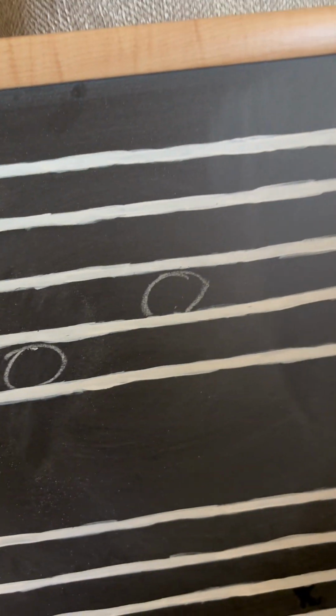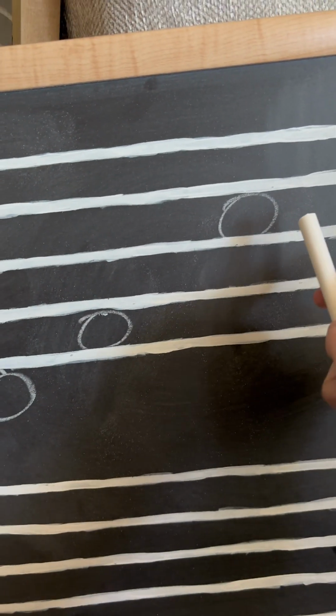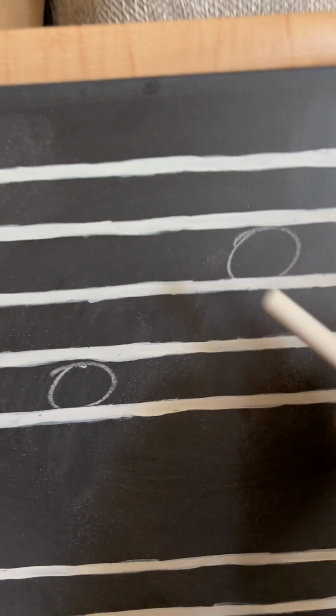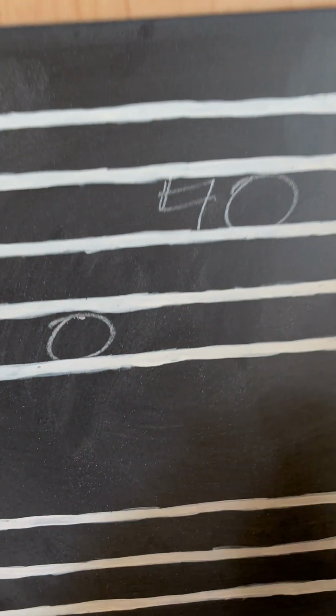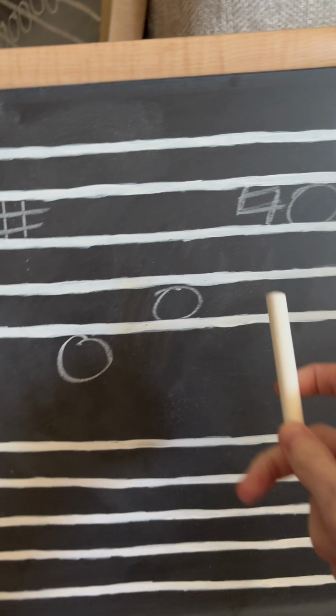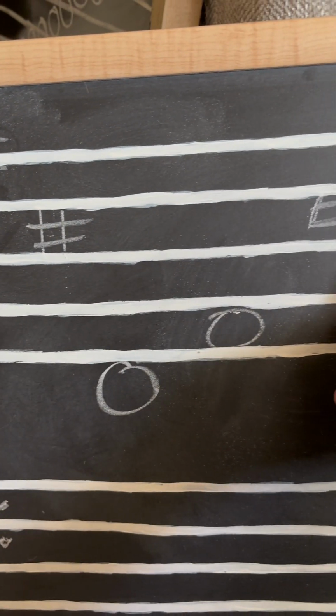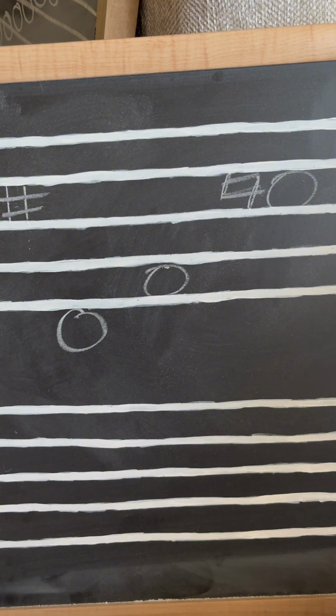But let's say instead of A here, you are going to play C, and for this particular measure, it says natural. You're going to play C natural instead of C sharp. See? That would also be considered an accidental.